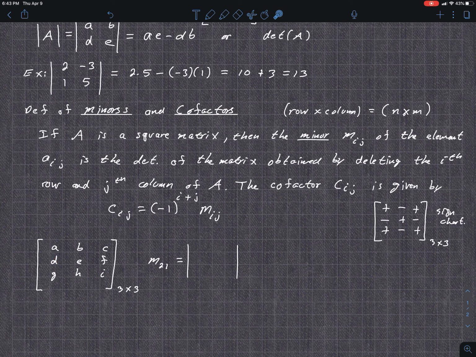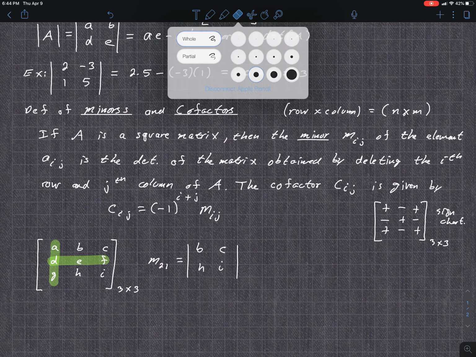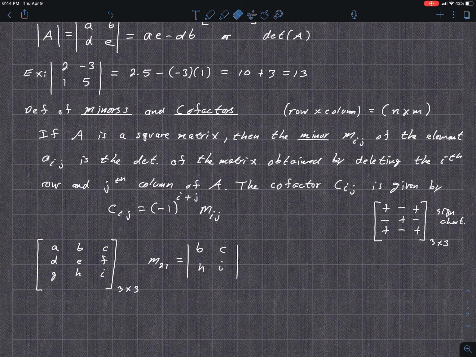You're in the second row and the first column, so it's talking about d. So you cross that out, and what's remaining? What's remaining is b, c, h, i. So that's your minor.